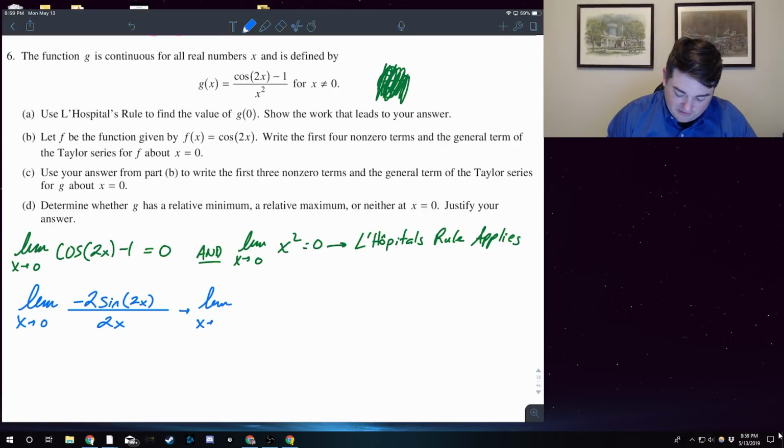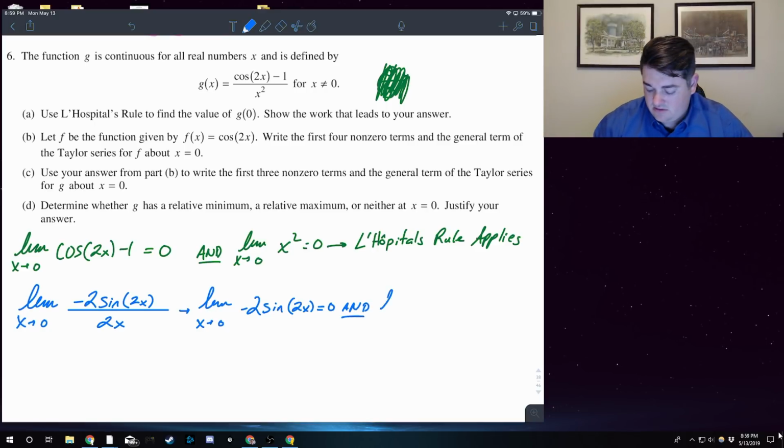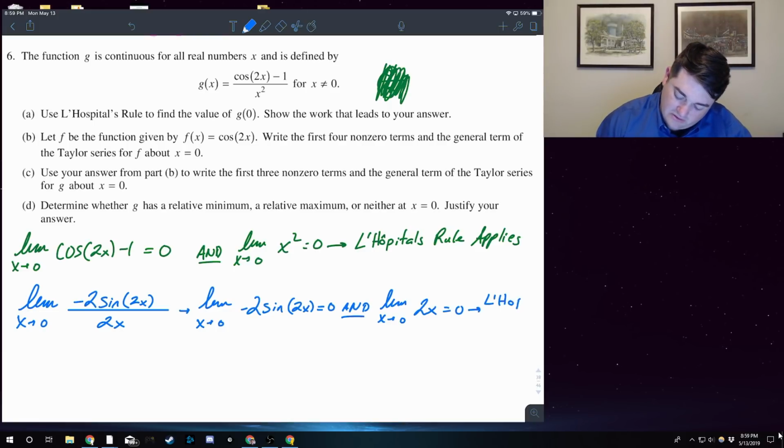The limit as x approaches 0 of negative 2 sine 2x equals 0, and the limit as x approaches 0 of 2x equals 0. Therefore, L'Hopital's rule applies.